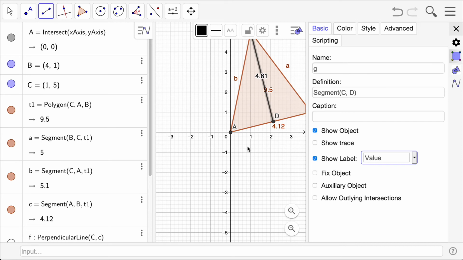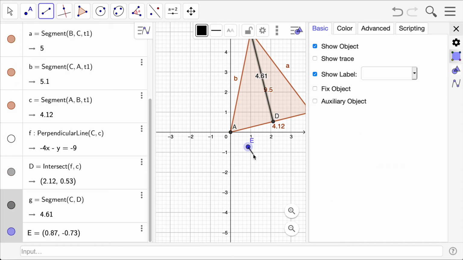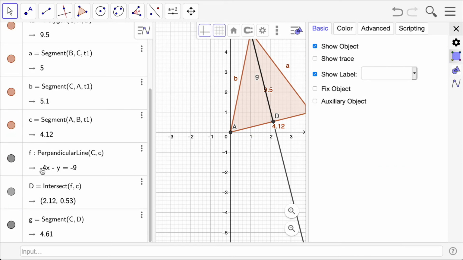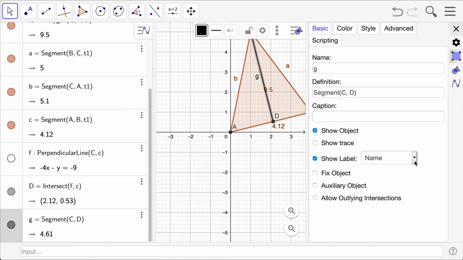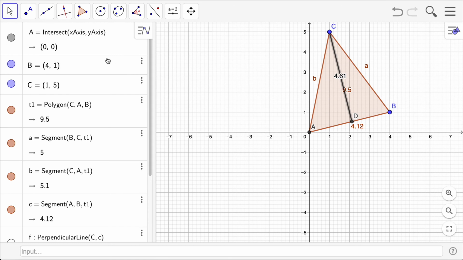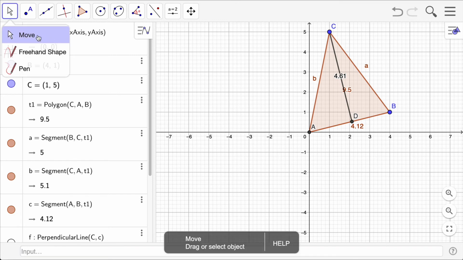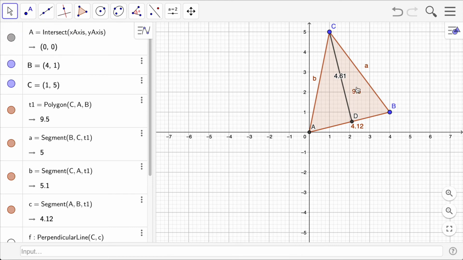Okay, so now we have the area of this triangle is 9.5, and we have 4.61 and 4.12.